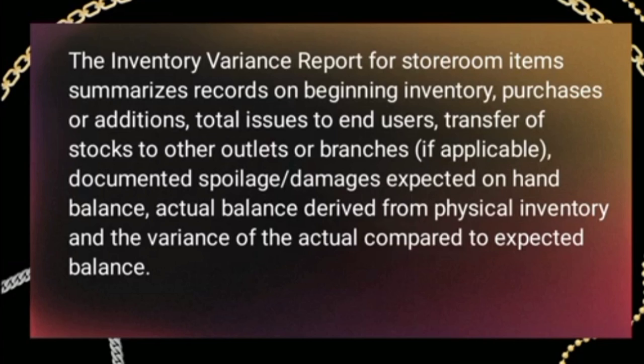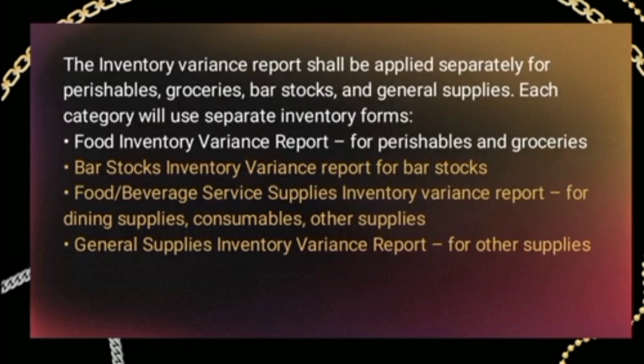The inventory variance report for storeroom items summarizes records on beginning inventory, purchases or additions, total issues to end users, transfer of stocks to other outlets or branches if applicable, documented spoilage or damages, expected on-hand balance, actual balance derived from physical inventory, and the variance of actual compared to expected balance.